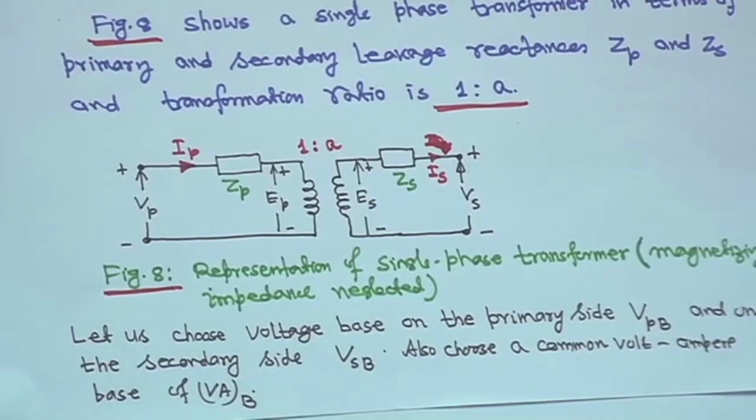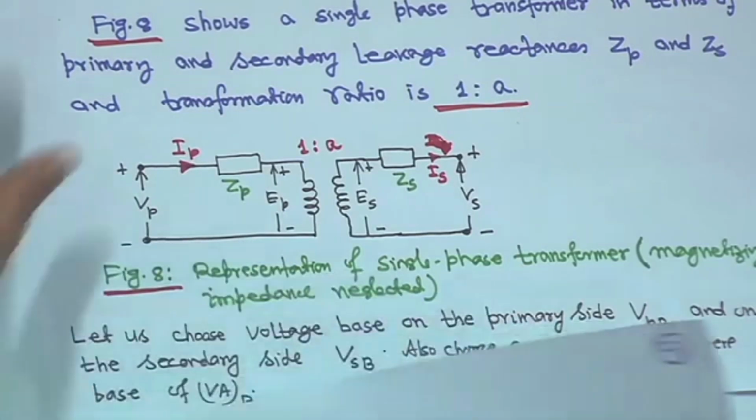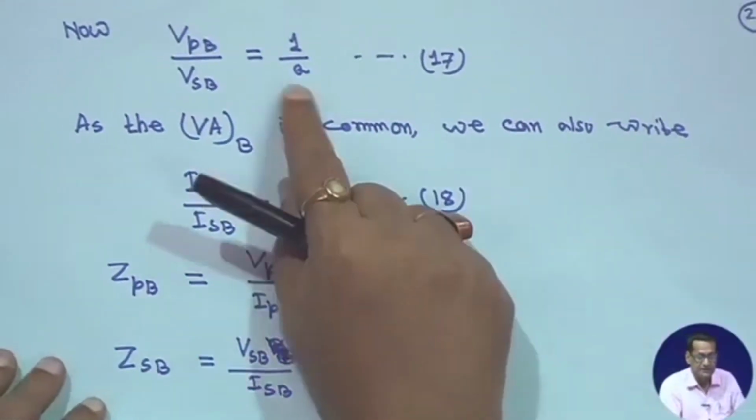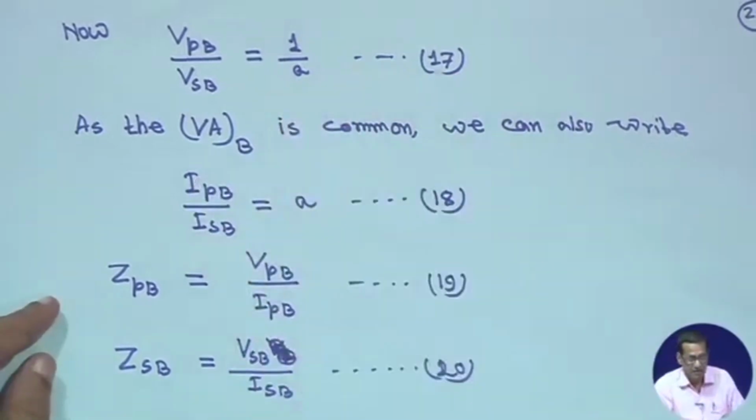One thing, that means the primary base voltage upon VSB can be written as 1/A.